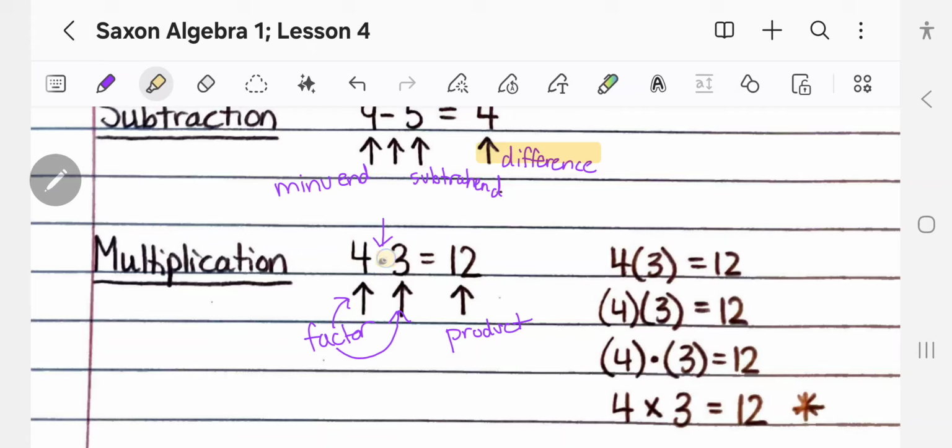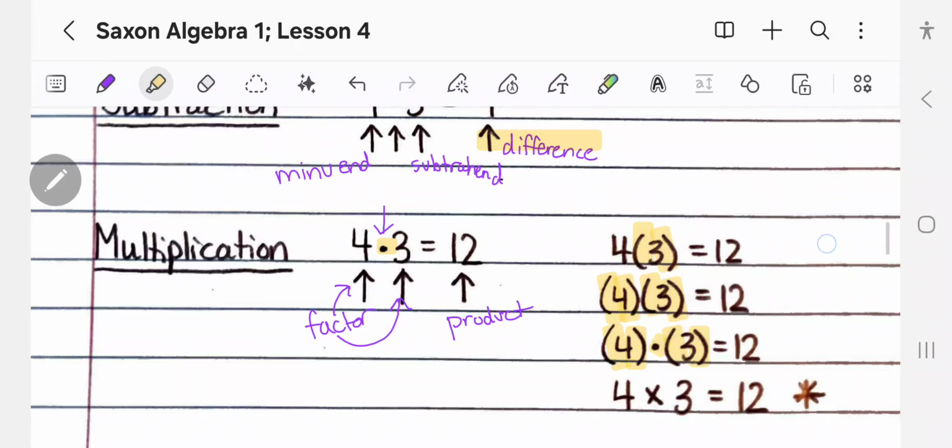Here I use the dot. That's typically what we see, but you can also see one of them written in parentheses, and that shows that we're going to be multiplying 4 times 3. You could have both of them in parentheses, and then there's a dot in between it. I don't see that as much, but sometimes people write it that way.